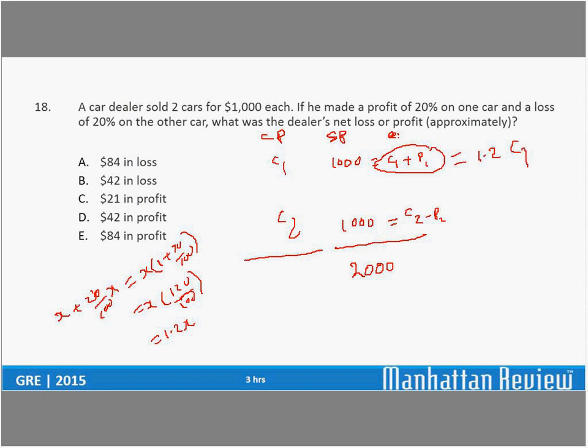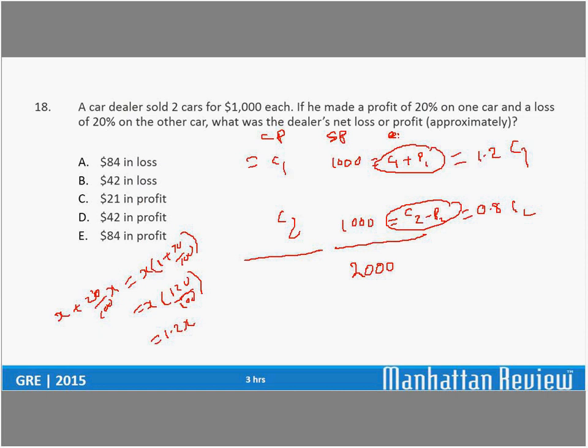For the loss, I have to write 80 by 100, because it is 1 minus 20 by 100. So I can write this value as 0.8 C2. With this, now I can find C1. What is the value of C1? C1 is nothing but 1000 by 1.2. What is the value of 1000 by 1.2?